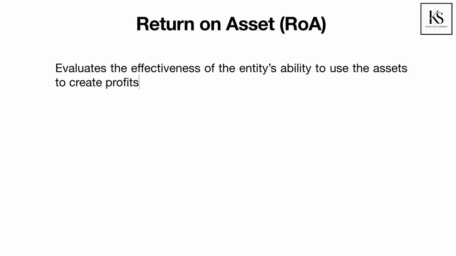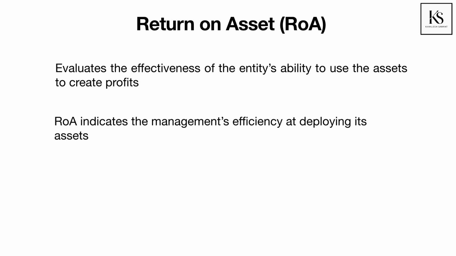Having understood the DuPont model, understanding the next two ratios should be simple. Return on asset evaluates the effectiveness of the entity's ability to use the assets to create profits. A well-managed entity limits investment in non-productive assets. Hence, ROA indicates the management's efficiency at deploying its assets. Needless to say, higher the ROA, the better it is.